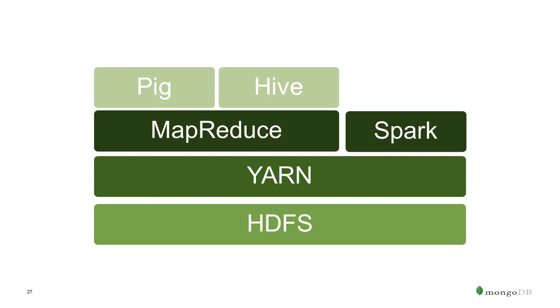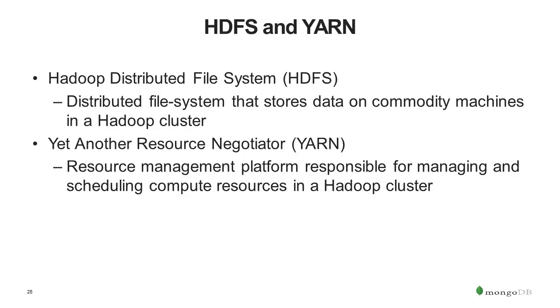So just to do a quick recap here, the base of the common part, the common technology in Hadoop is HDFS and Yarn. We have the Hadoop distributed file system, which manages the data, and then we have Yarn, which is responsible for the processing of the data.